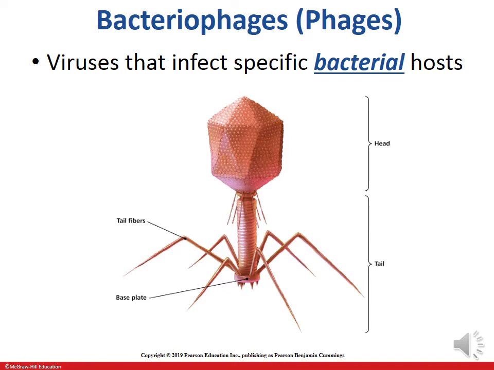And in that base plate, they may contain enzymes that when this organism lands on its bacterial host cell, it will sort of squat down, if you want to think of it that way, and that base plate would then come in contact with the cell wall of the bacteria that it's trying to infect, and those enzymes would start to dissolve away the cell wall, and then the nucleic acid that's up there in that head would literally be forced through, kind of like a hypodermic needle, into the bacterial host cell. And so bacteriophages basically bust their way in. They use brute force to get into their host cells because of this anatomy.